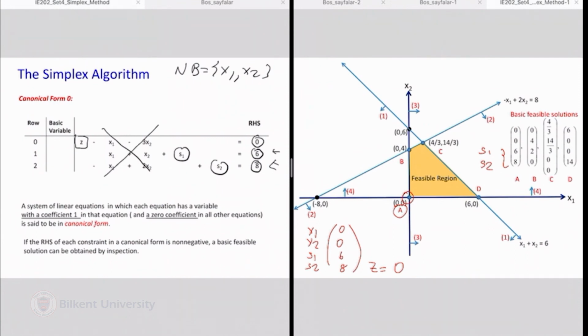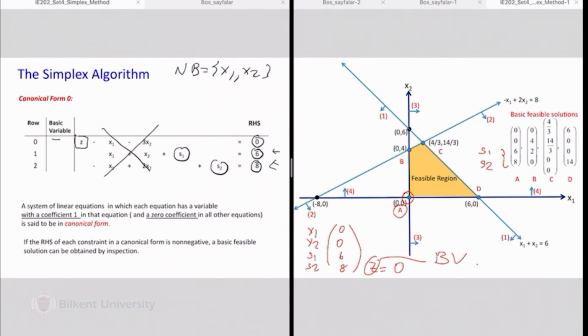Okay? Now, one thing you noticed: each row has its own basic variable. I'm going to consider z also another basic variable. So the first row, row 0, has z as its basic variable. The second one has s1, and the third one has s2.